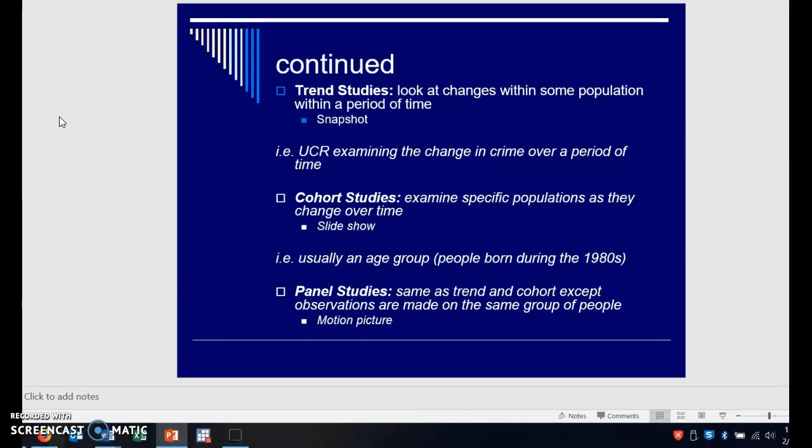This is how cohort studies and panel studies differ. Although their intentions are pretty much the same, panel studies follow the exact same people across time.